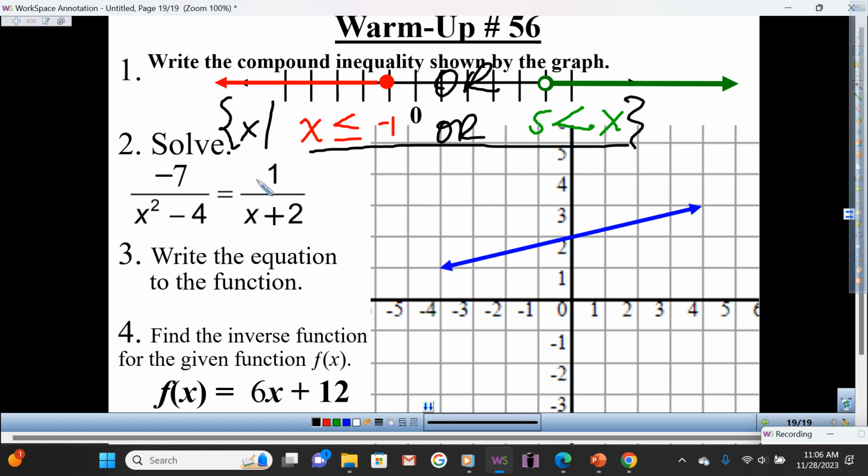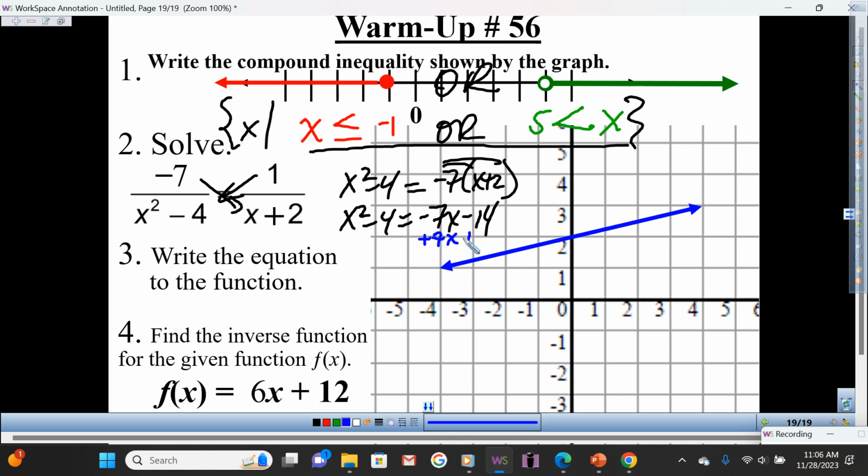Number 2, cross multiply. That times that, x squared minus 4 equals -7 times x plus 2. So this is x squared minus 4 equals, distribute that, -7x minus 14. Then get everything to one side. So add 7x, add 14. So we're left with x squared plus 7x plus 10 equals 0.